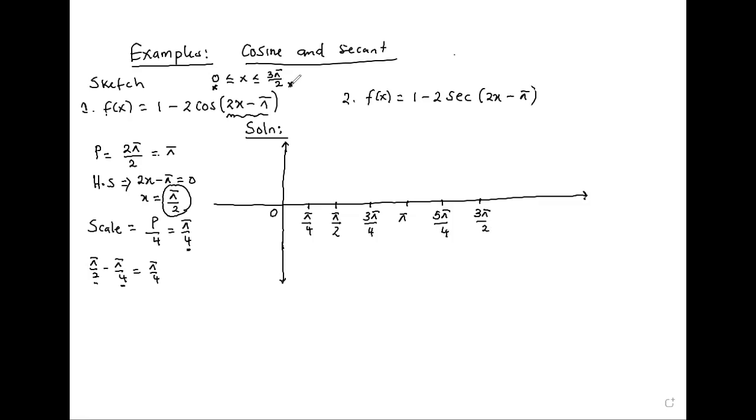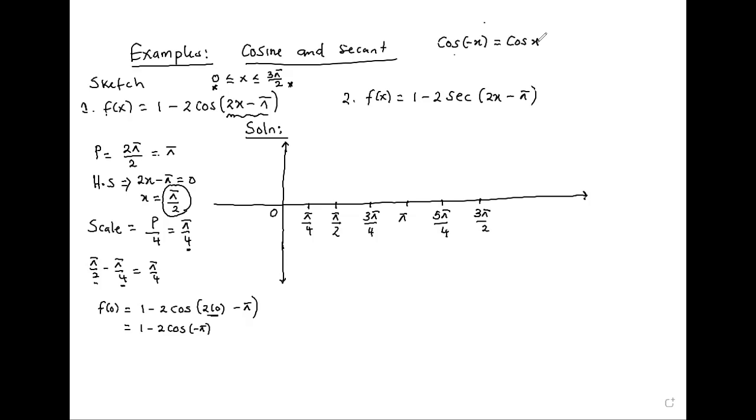So what is f of 0? f of 0 is 1 minus 2 cos 2 by 0 minus pi. This would be 1 minus 2 cos, this is 0, so we just get cos negative pi. But remember, we said that cos is even. So cos negative x is the same thing as cos x.